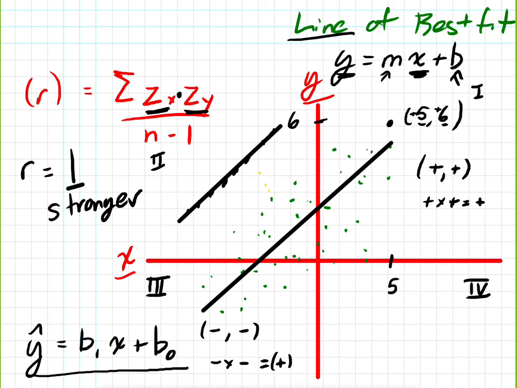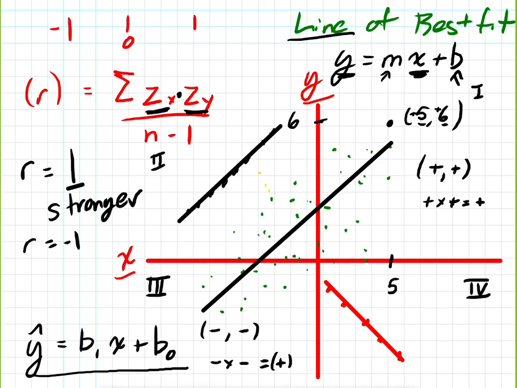If it's -1, that also means it's really strongly correlated. It's just that in this case, it's a negative relationship between the two of them. So as one goes positive, the other goes negative, but it's still really strong because it's close to 1.